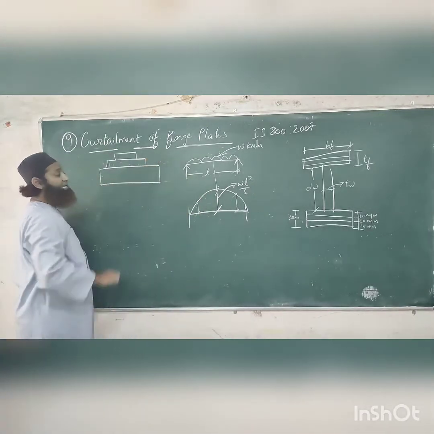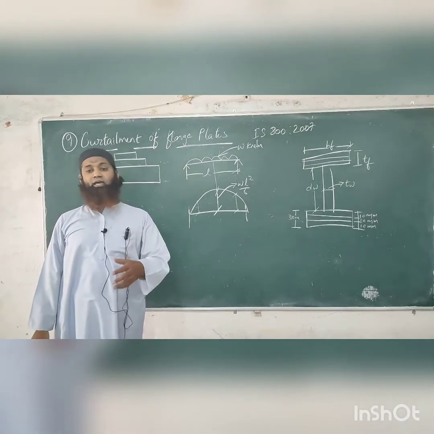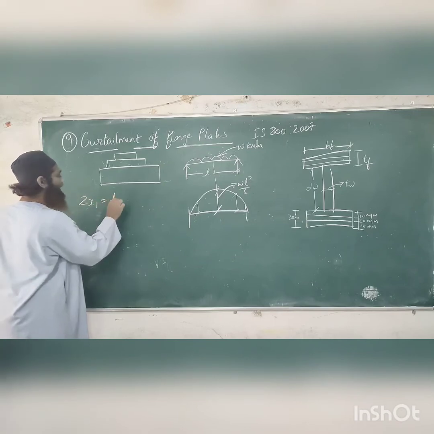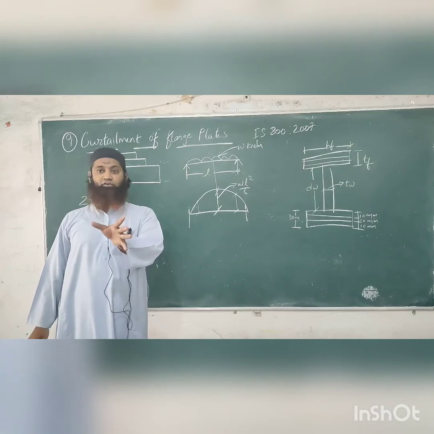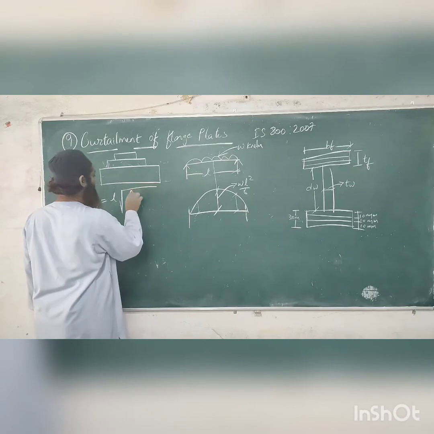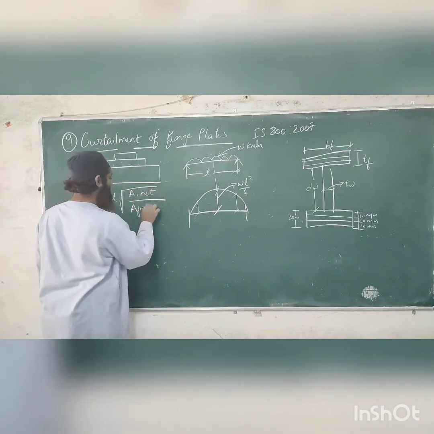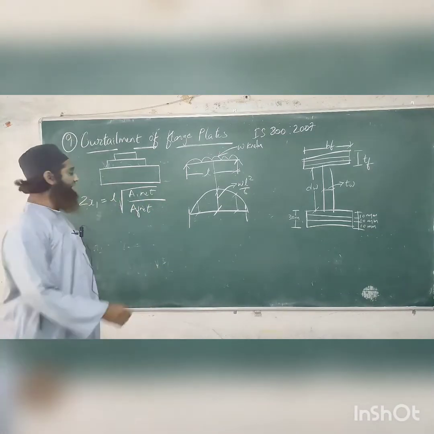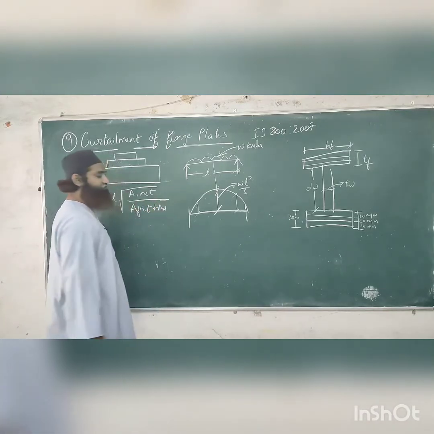Now how to cut these flange plates? That is called curtailment, and it is given by a formula: 2x1 is equal to L into root of A1 net by AF net plus AW by 8. Here A1 net is for the first plate, AF is the area of flange, and AW is the area of web.